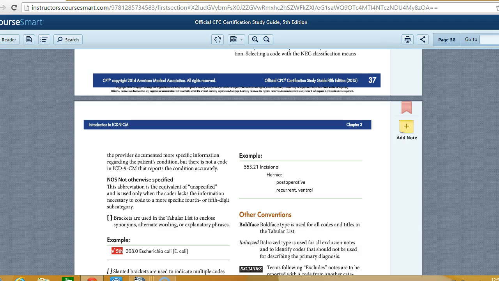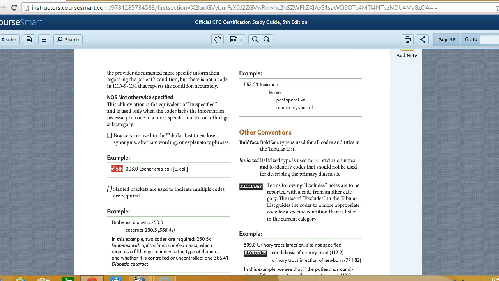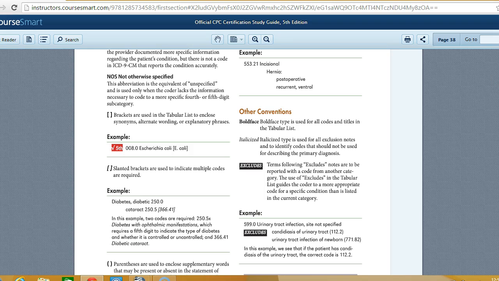Brackets are used in the tabular list to enclose synonyms, alternative words, and explanatory phrases. Slanted brackets, remember, I told you, that should scream to you, don't code me first, I have to be coded secondary. In such a case where you have your diabetes with manifestations or your hypertension with the manifestation of CKD. Slanted bracket codes, we don't code them first.